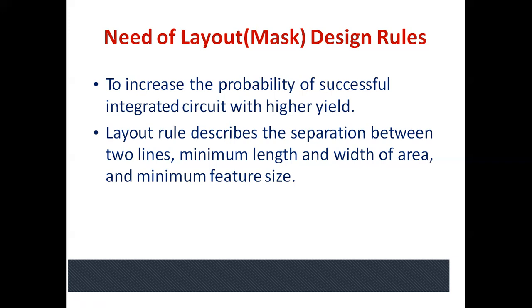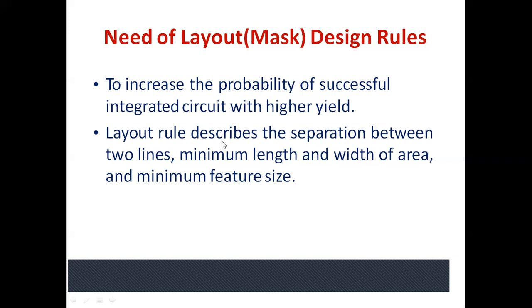And if you check the drain of one transistor and the drain of another transistor, they may be close to each other. So what should be the distance between the drain contact of one transistor and another transistor? Basically, it is the separation between two transistors, two lines, two gates.